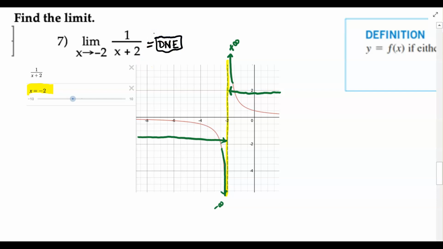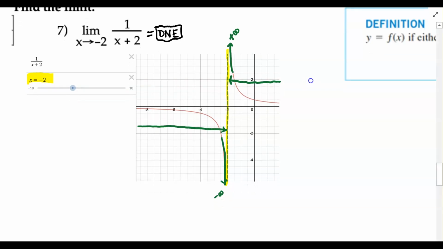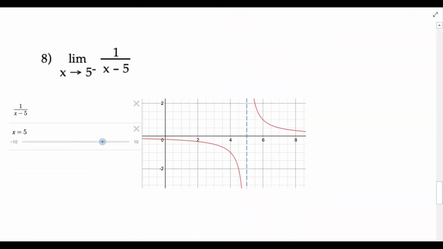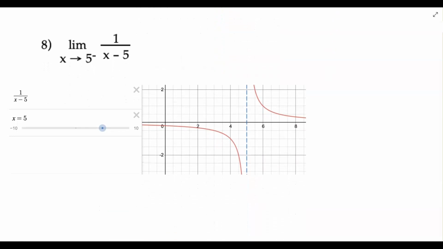We can be more specific, though, if we're looking at a one-sided limit or if the infinities being approached are actually the same. Let's take a look at the next one. 1 over x minus 5, the limit as we approach 5 from the left-hand side. So we're only considering the left-hand side limit. We're coming in towards 5.